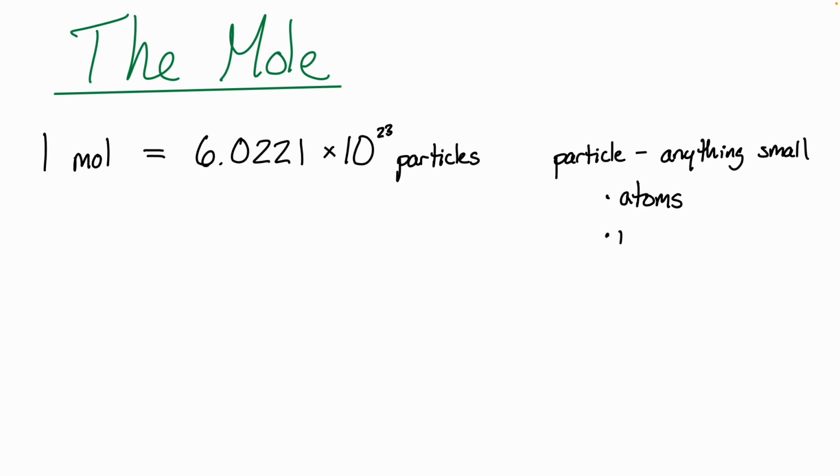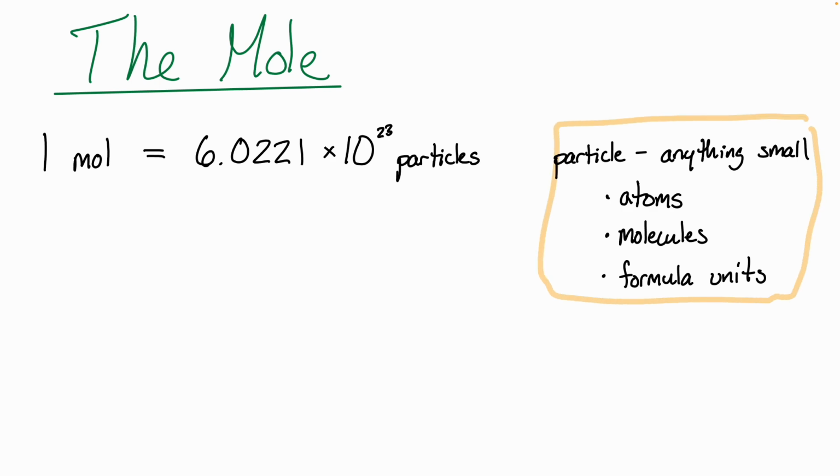Or as it says on the constants page, molecules. And again, if we're really being good for ionic compounds, they're called formula units. Okay. Any one of these terms, when I see it in any sort of a problem, I'm automatically thinking Avogadro's number.